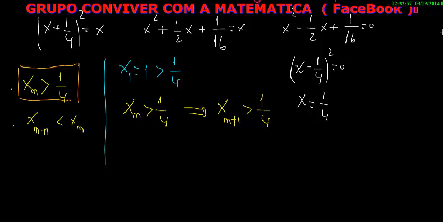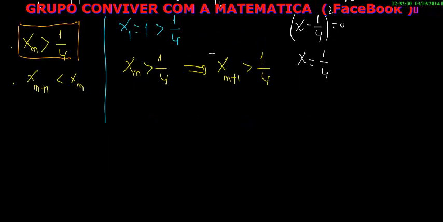So if it is the case, let us put an I in this inequality. As you can see, x index n plus 1 is the same as square root of x index n minus 1 over 4.